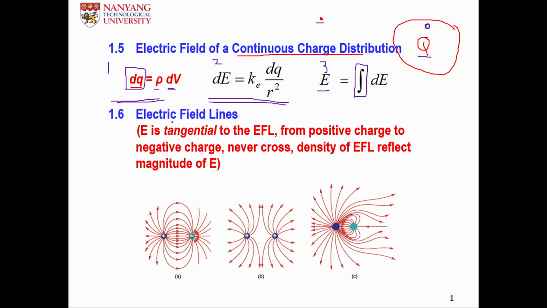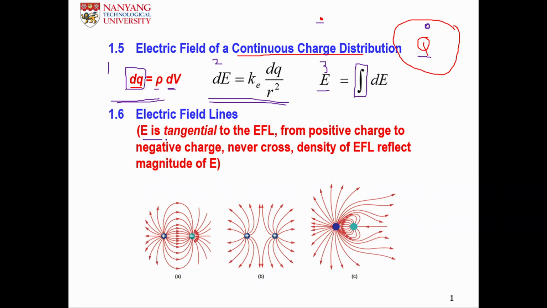In order to serve this purpose, those electrical field lines need to reflect the magnitude and also the direction of electrical field E at any point, right? And in order to do this, there are some so-called rules to draw the electrical field line properly.